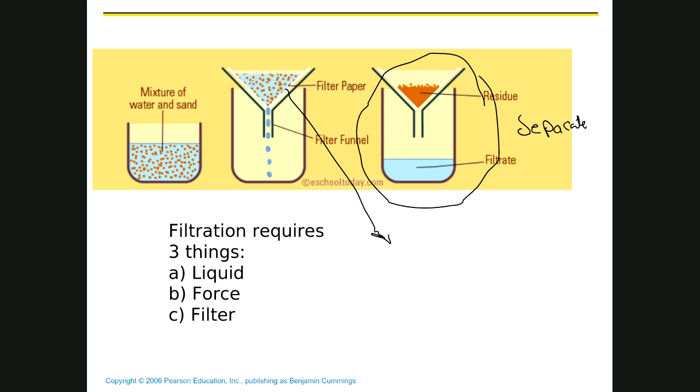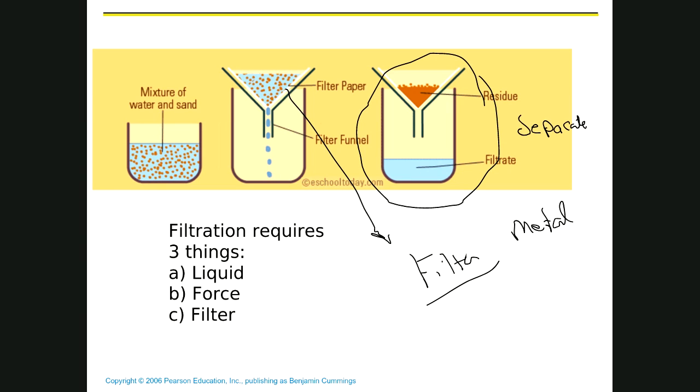Well, what makes a filter a filter? Anybody know? If you look at a coffee filter, how is it different from anything else? What's different? What makes a filter a filter? If you look at a metal filter, what's it got that's different? Anybody know?